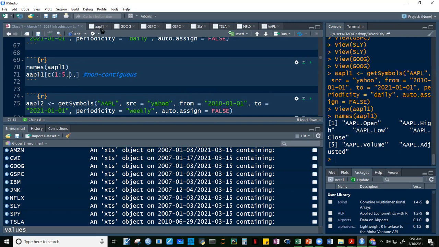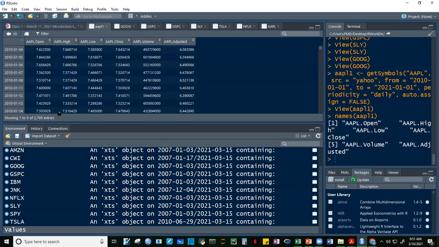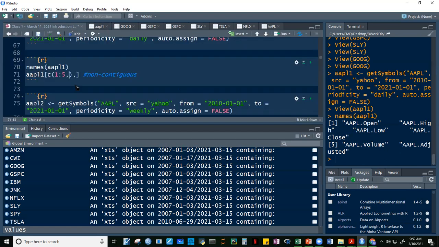Apple 1. So gawin natin, ha? 2769. Okay, so sabi natin yung pagsasubset, brackets ang gagamitin natin. The first numbers here are your rows, comma, columns. So dito, combine natin yung first 5 rows at saka yung row 2769. And then, if you don't write anything here, ibig sabihin yan lahat ng columns.